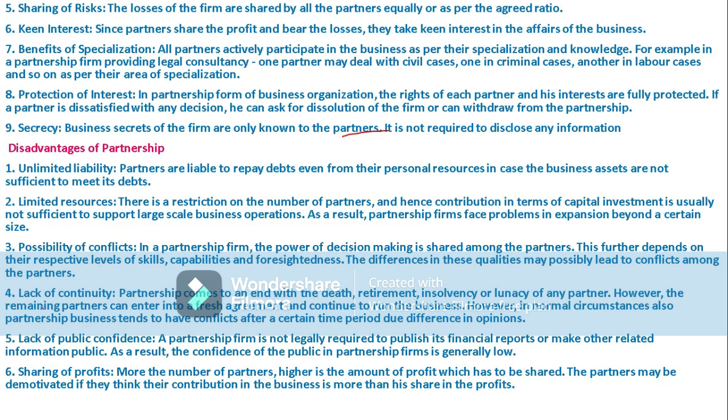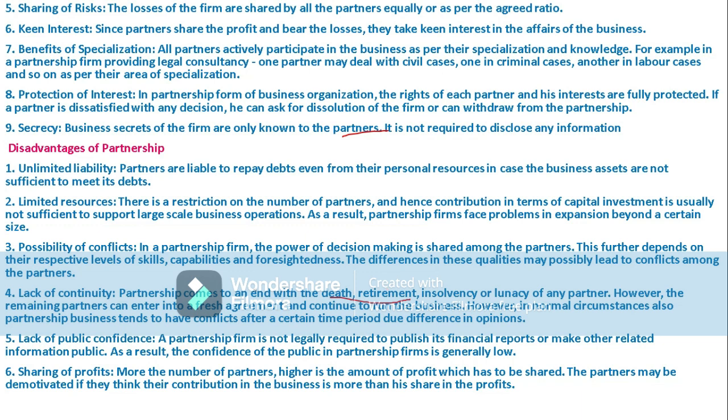Another thing is lack of continuity. A partnership comes to an end with the death, retirement, insolvency, or lunacy of any partner. However, the remaining partners can enter into a fresh agreement and continue to run the business. However, in normal circumstances, all partnership businesses tend to have conflicts after a certain time period due to differences in opinions.